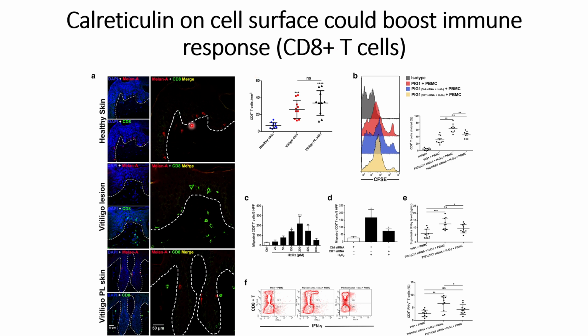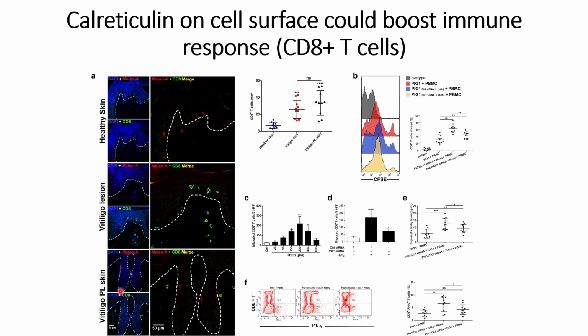So they checked the skin samples for CD8+ cells. In healthy skin they see very minimal CD8+ T cells across the melanin. However, for the vitiligo lesion they see more CD8+ T cells. The signals are significantly higher compared to the healthy skin.